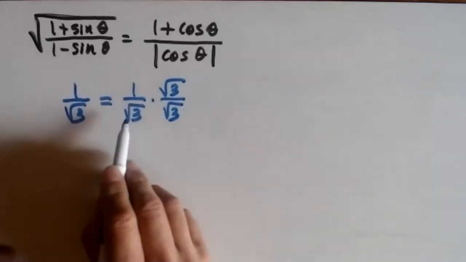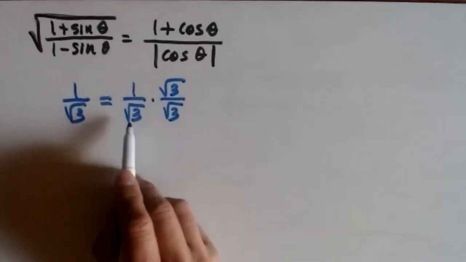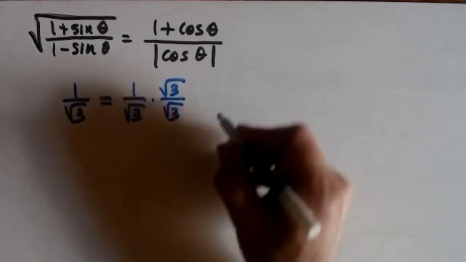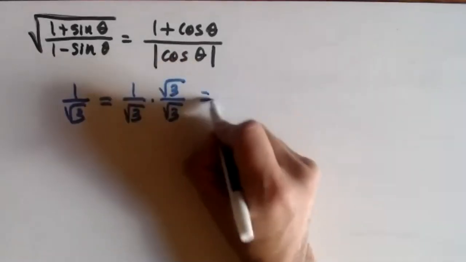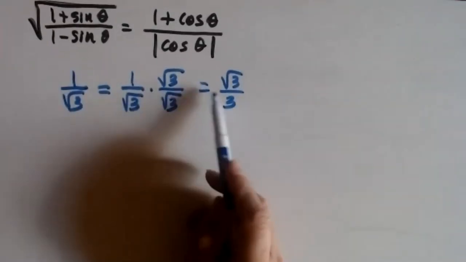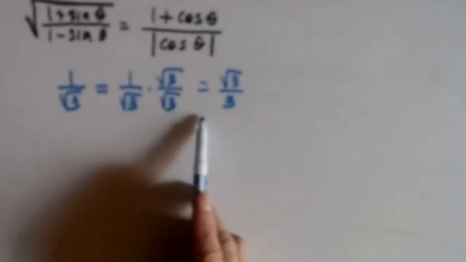But the 1 has to be the same as in the denominator. So you have a square root of 3 times a square root of 3, correct? Which is going to be a square root of 3 over 3, correct? 1 times the square root of 3, square root of 3 times square root of 3.